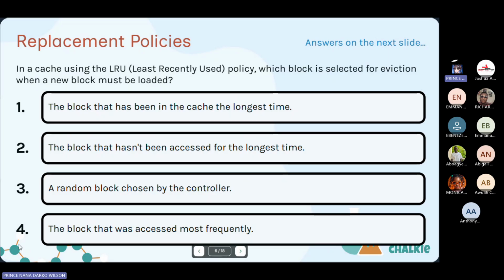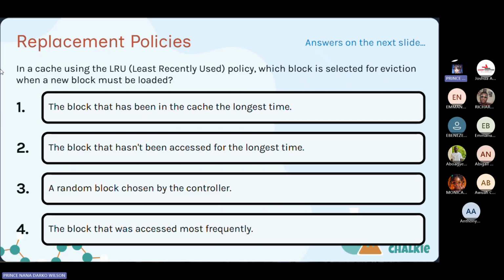It says, in a cache using the least recently used policy, which block is selected for eviction when a new block must be loaded?